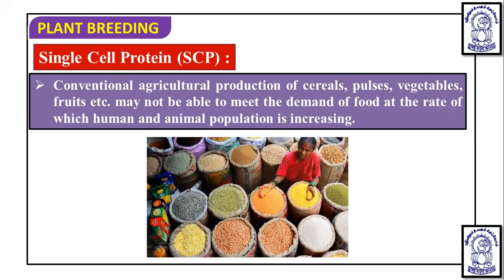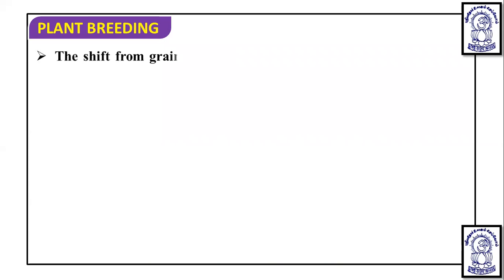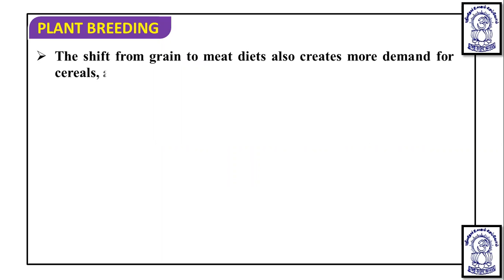So dependency on grain is not going to meet this requirement. So there is a need to shift from grain to meat. But the shift from grain to meat also does not solve this problem, because it also creates more demand for cereals.